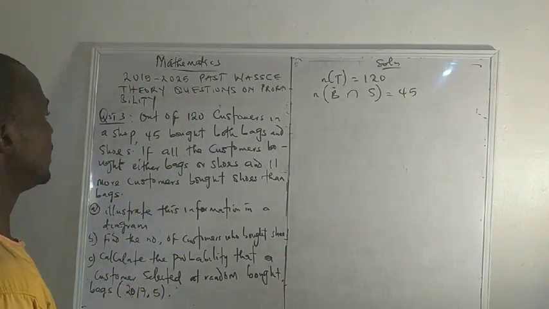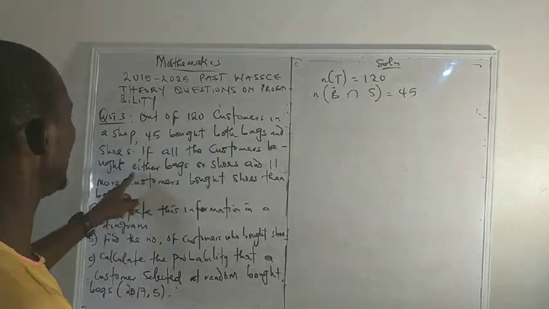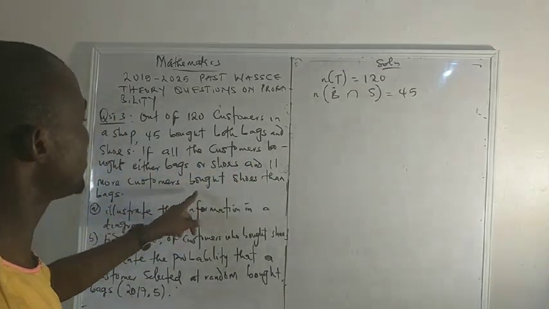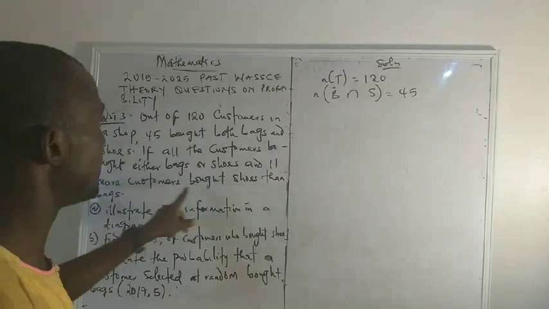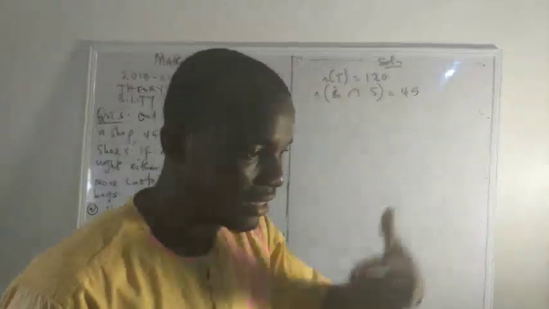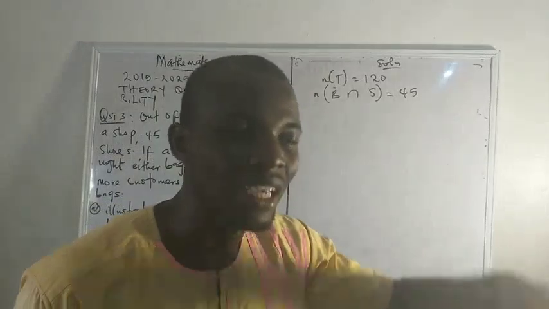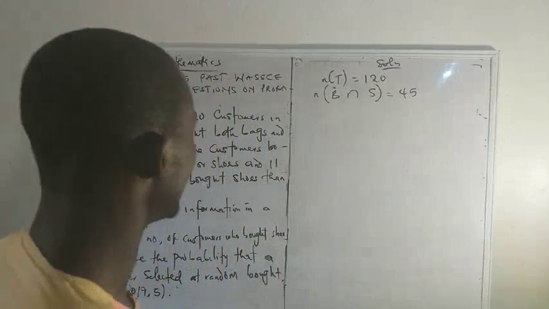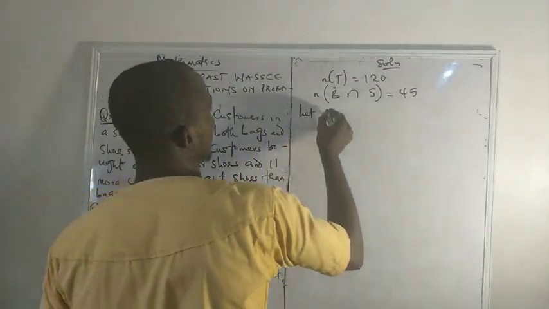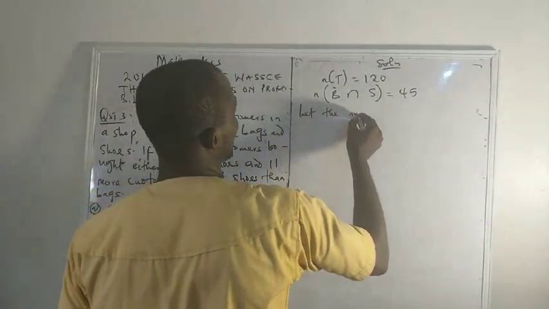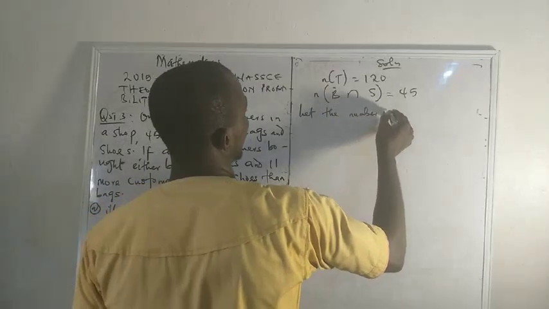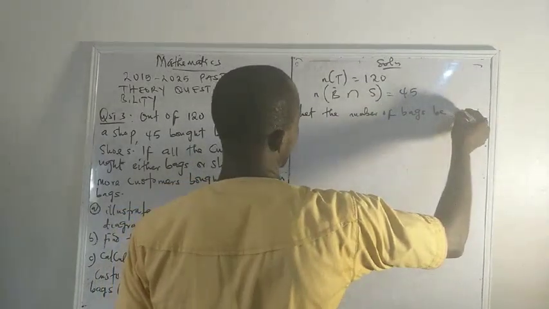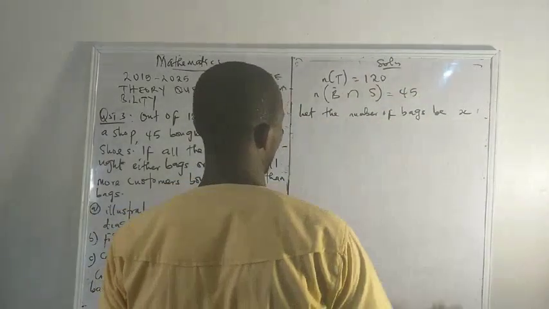And they said, if all the customers bought either bags or shoes, and 11 more customers bought shoes than bags, you know what I will do? Since number of shoes is an increment on the number of bags, I'm going to say that let the number of bags be X. Alright?